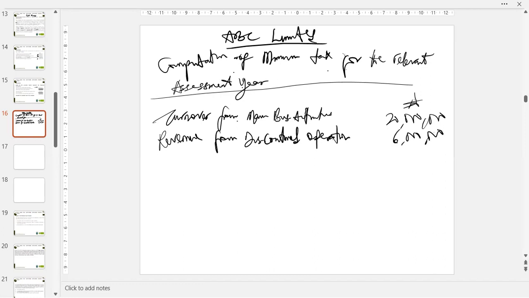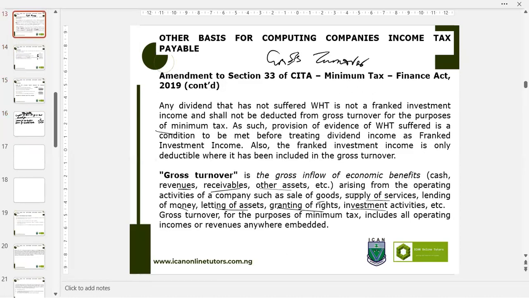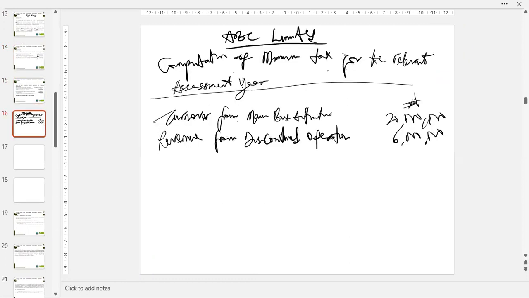And we have rent received. So don't forget that the definition of gross turnover is what? It includes our income from letting of assets, granting of rights, investment activities and the like. So we have rent received, which is 1 million naira.